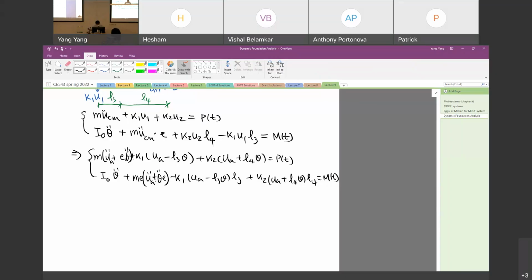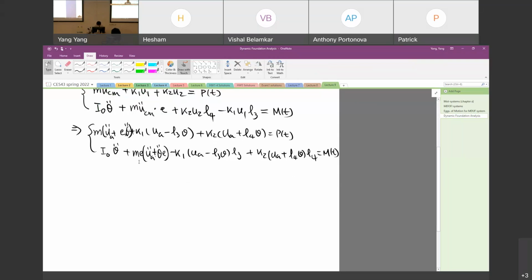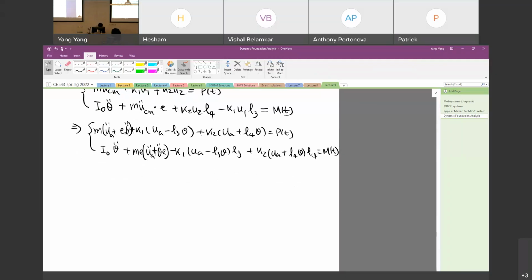And we can also rearrange this and write the equation in matrix form.